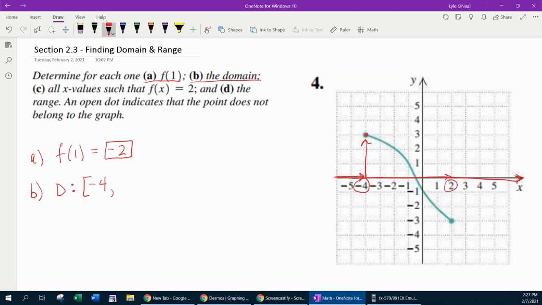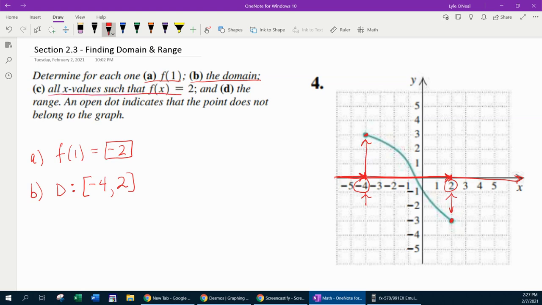Well, it stops at 2. On the x-axis, there is a solid dot, and so that's going to indicate a bracket. So again, do you see domain is from start to finish, and you're picking the x values because the domain are the x's.